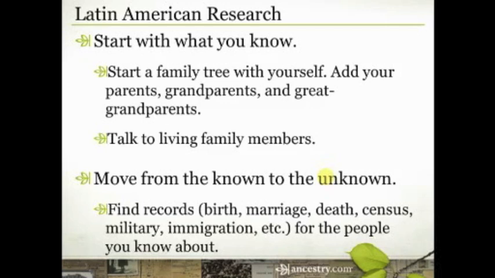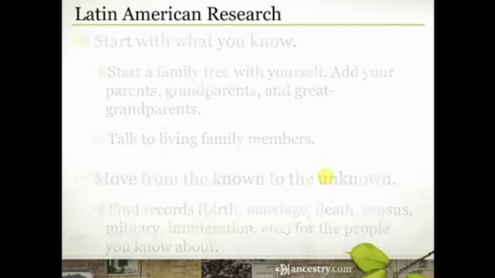And so you start to just connect the generations and track your way back one generation at a time. So you want to start looking for records for people that you know about, that you have in your tree, to connect them with people that you can add to your tree or that you know little about, and then do the same for that generation, just one generation at a time.